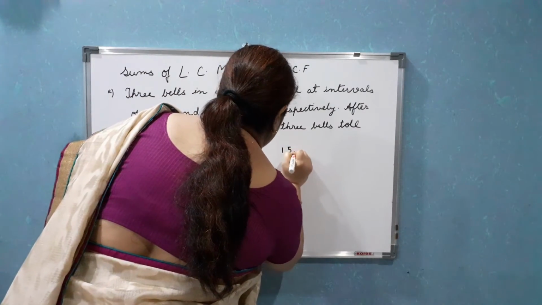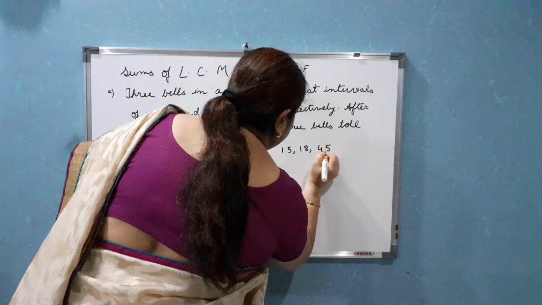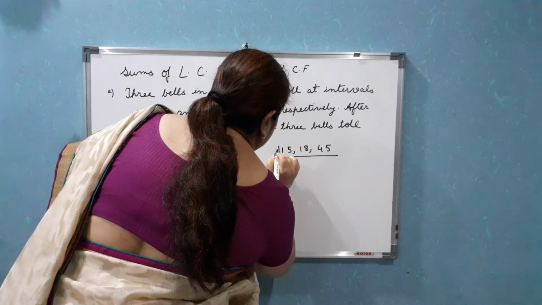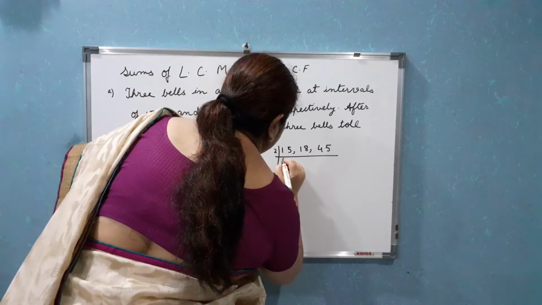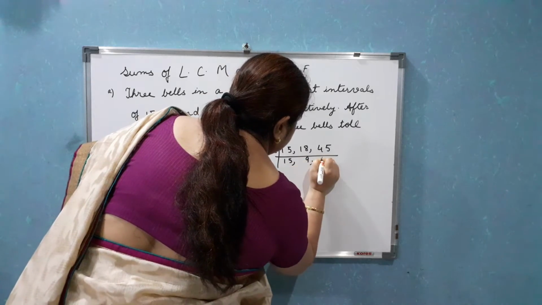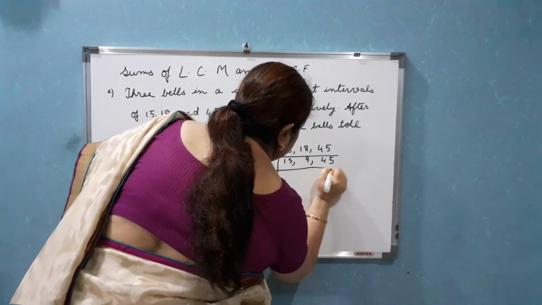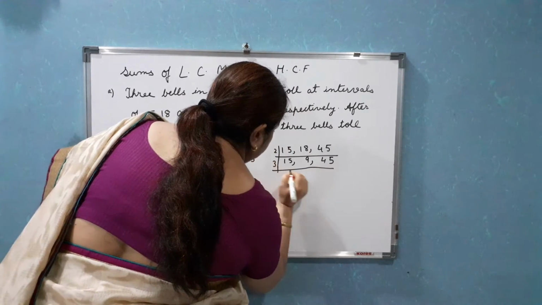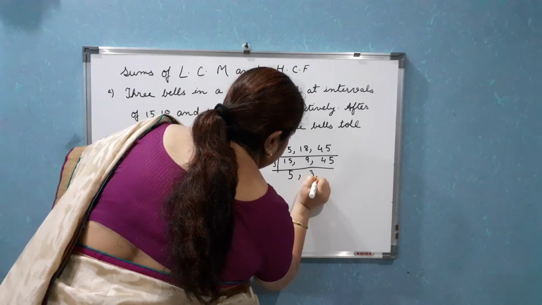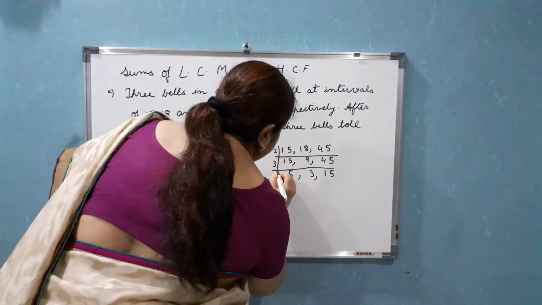So here 15, 18 and 45. 2 nines are 18. Then 3 5s are 15, 3 3s are 9, 3 15s are 45.